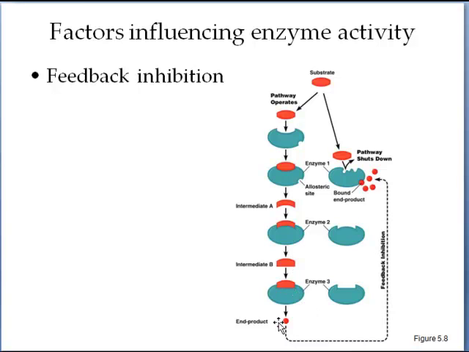In this process, the final product can allosterically inhibit the activity of one of the enzymes earlier in the pathway, and this is called feedback inhibition. Feedback inhibition generally acts on the first enzyme in a metabolic pathway, because once this first enzyme is inhibited, the product of the enzyme's reaction is not synthesized, and the unsynthesized product would normally be the substrate for the second enzyme in the pathway, so the second enzyme reaction will stop immediately.